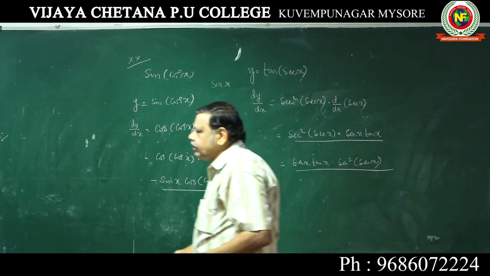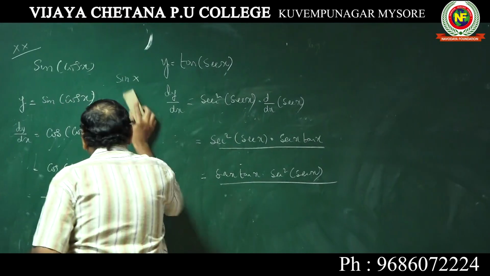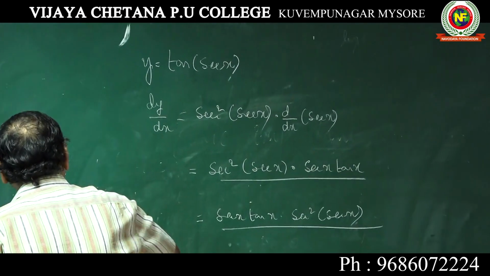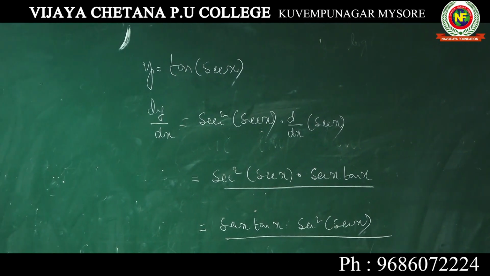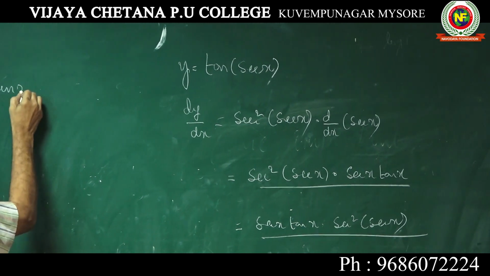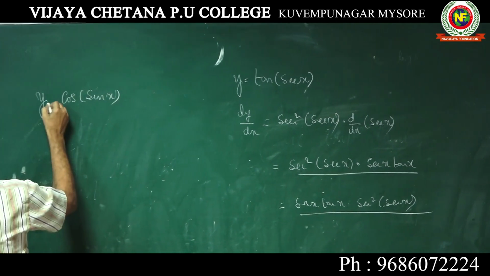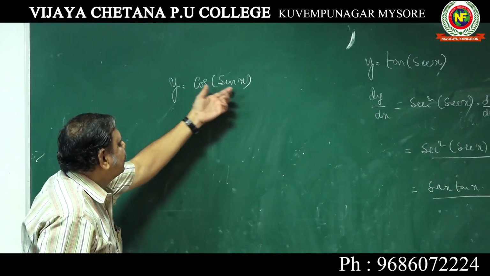Okay. We will go to the next problem. These are all important problems, and last time they had given it also. You can take one more problem. Cos of sin x. Y is equal to cos of sin x. Now when you differentiate this, the entire thing is x, cos x.